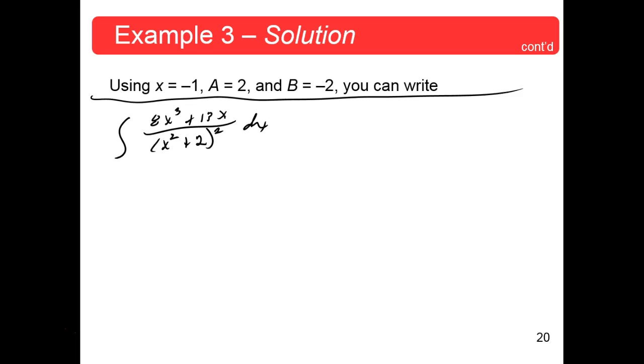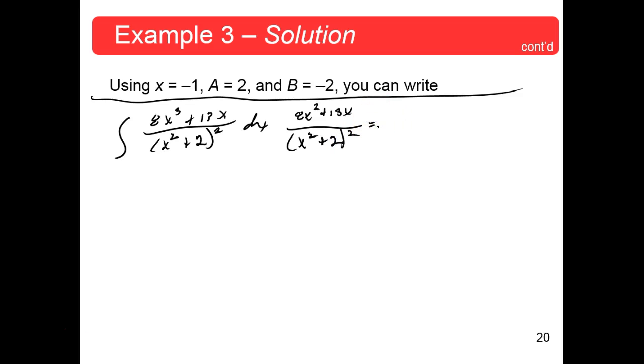All right. Now, at this point, you notice x squared plus 2 is an irreducible quadratic. There's nothing you can do with it. So basically, we start out with this: 8x cubed plus 13x over x squared plus 2 squared.